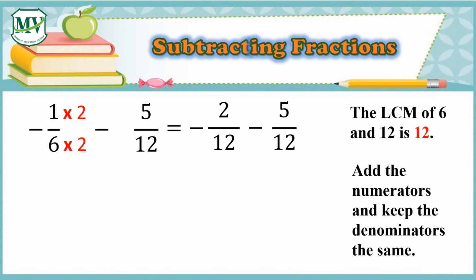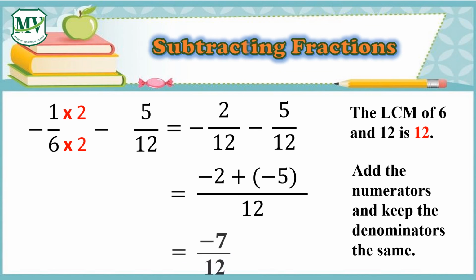Always remember this: subtracting two negative fractions is like adding two negative fractions. So we have negative 2 plus negative 5, and copy the denominator. So our answer is equal to negative 7 over 12.